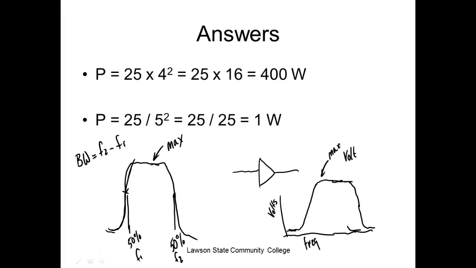I'd hook up an oscilloscope to it and start at a real low frequency. I keep my input the same voltage, and sooner or later you'd see the output go up, and then it would drop down. When I look at oscilloscopes, sometimes the bandwidth looks like this.